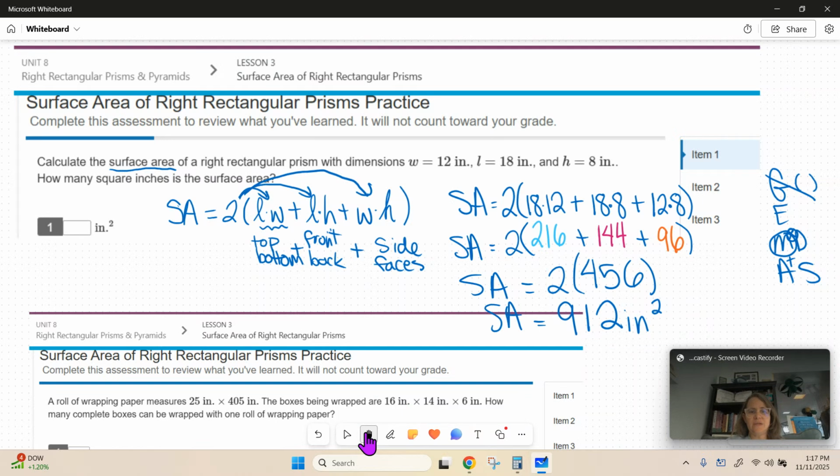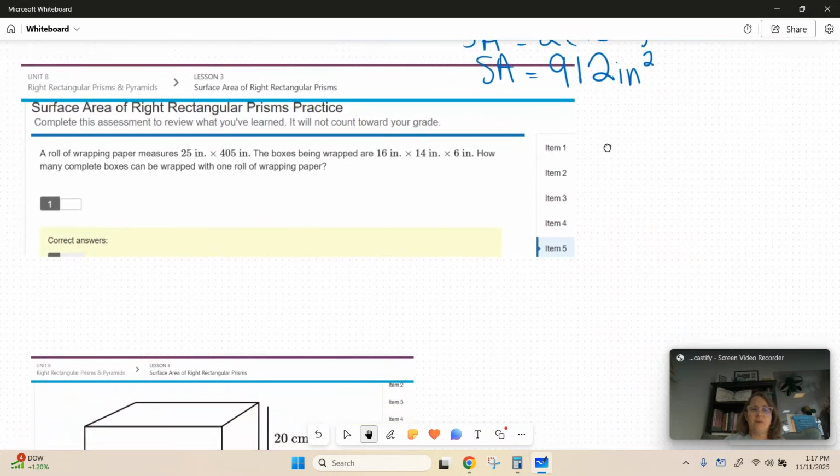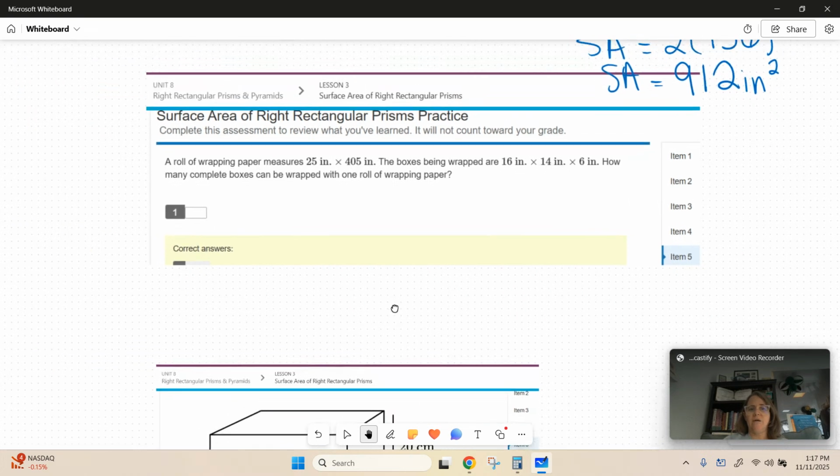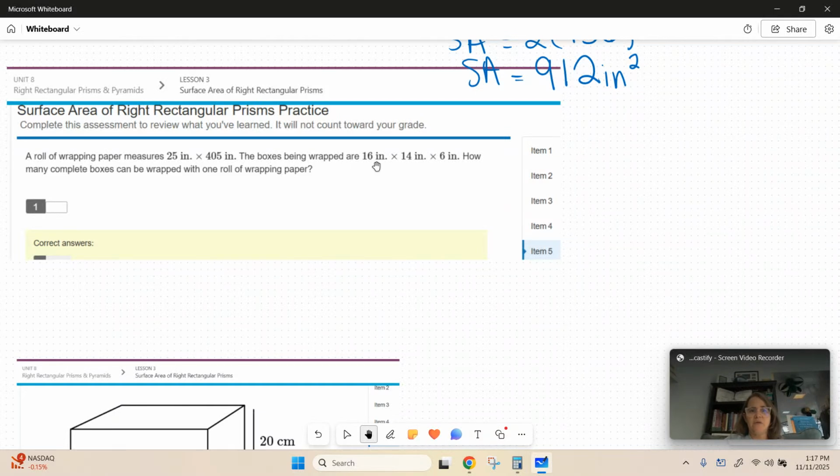All right, let's look at this next one. A roll of wrapping paper measures 25 inches by 405 inches. The boxes being wrapped are 16 inches by 14 inches by 6 inches. How many complete boxes can be wrapped with one roll of wrapping paper?